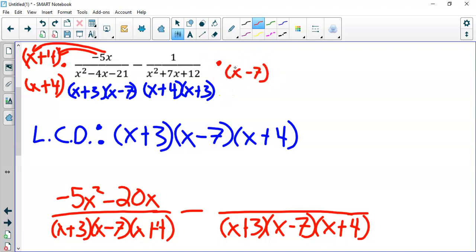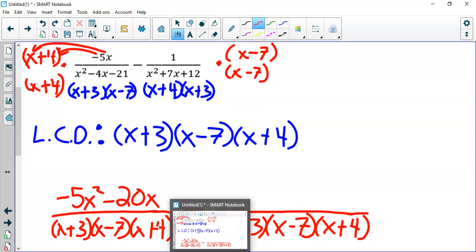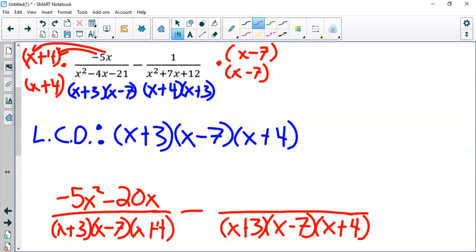X minus 7, x minus 7. So what's my numerator over here now? Don't worry about the sign yet. Just x minus 7, right? Because 1 times x is just x. And 1 times negative 7 is just negative 7, right? Everyone good on the numerator so far?